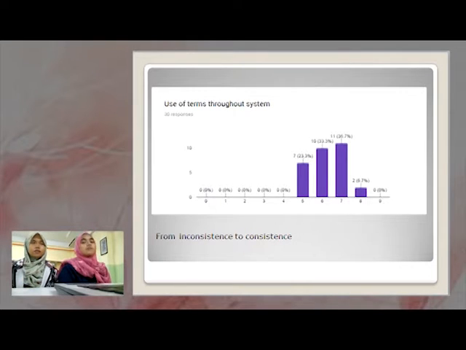The scale is from inconsistent to consistent. The majority of respondents put scale 7, but some also put 5 and 6 and a bit on 8. That means it is almost consistent.